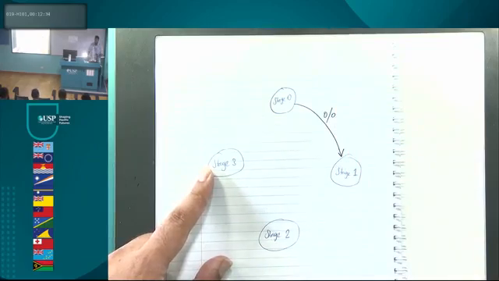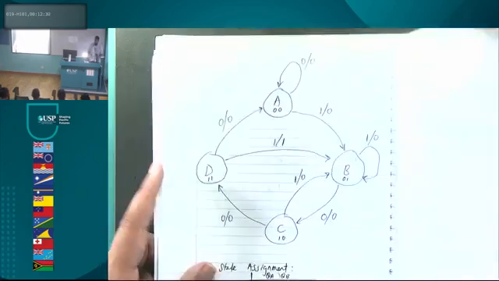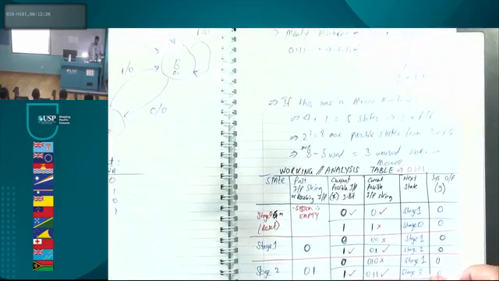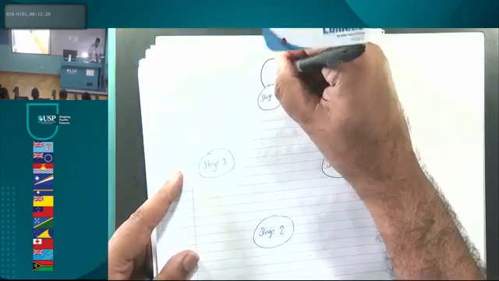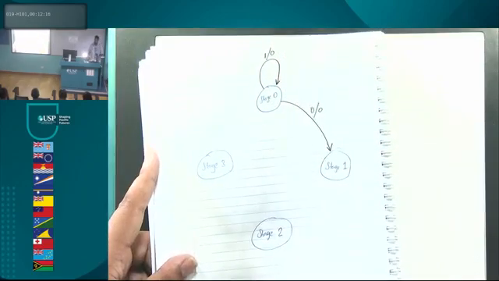Now next one, guys. Stage 0. Stage 0. Input was 1, output was 1. It stayed at stage 0. Input was 1, output was 0. It stayed at stage 0.